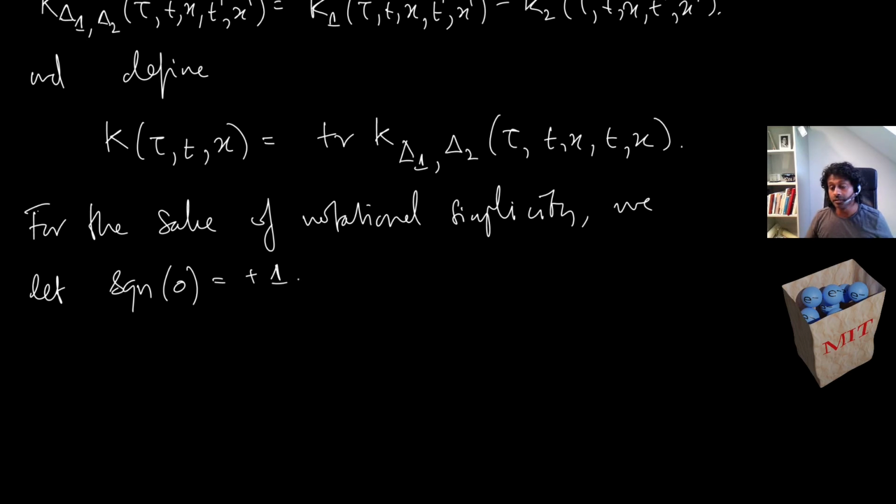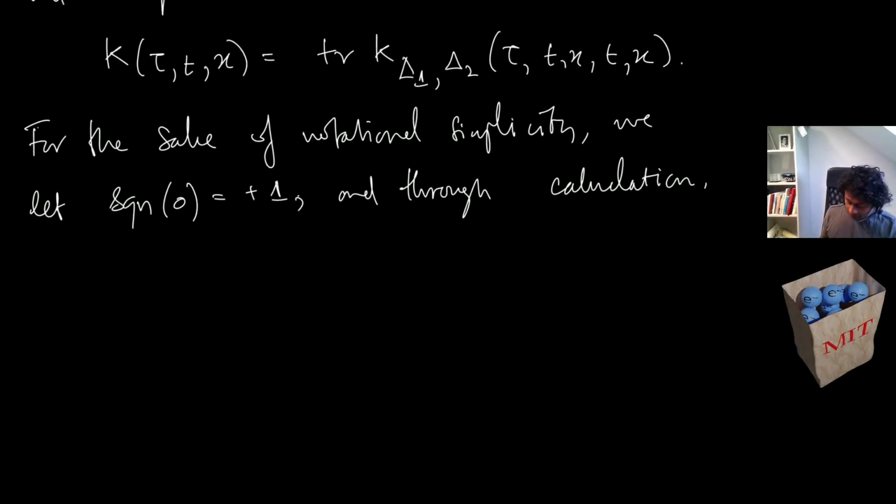That's really cheating; the signum of 0 should be 0, but anyway. And then actually we can do a calculation, which we're going to omit because when the going gets tough, the tough get going. It would be too much of an effort for us to calculate this, and I don't think we gain anything by sitting around calculating these things anyway.